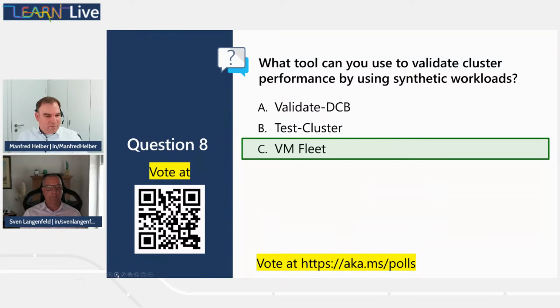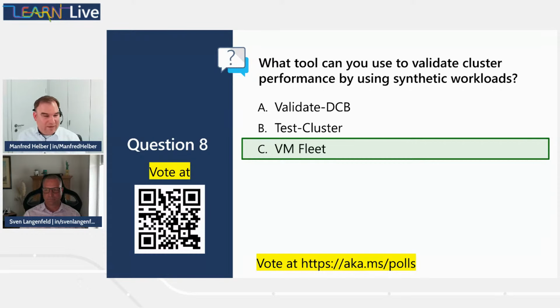The validate DCB, I mentioned, it's a valid tool. It validates the data center bridging configuration. It validates if the nodes are reachable, if we can ping them on the network, if this works. The test cluster is the PowerShell cmdlet to test the cluster to generate a cluster validation report. I mentioned we need this if we add a node.